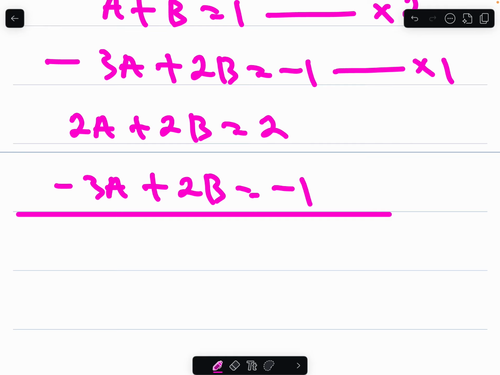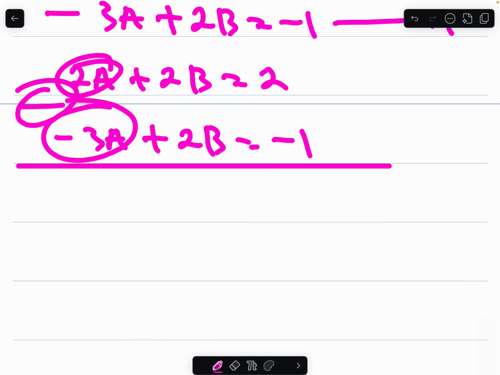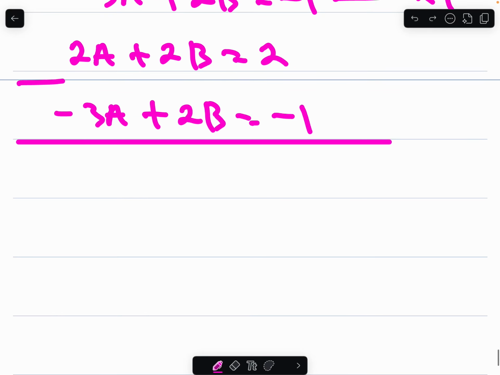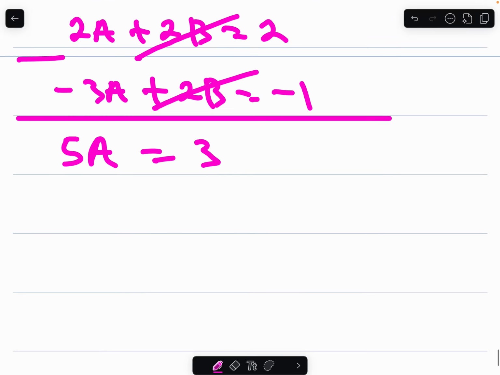Now we can eliminate b by subtraction. 2a minus minus 3a is the same as 2a plus 3a, which is 5a. 2b minus 2b is 0, and that's equal to 2 minus minus 1, which is the same as 2 plus 1, which is 3.